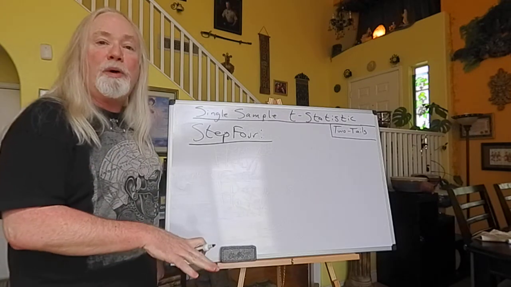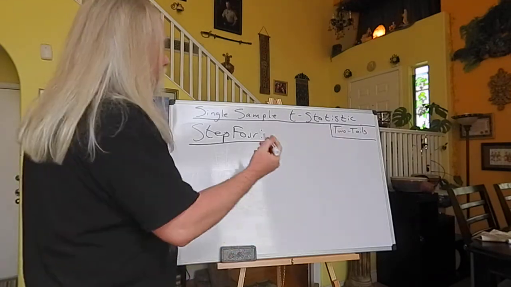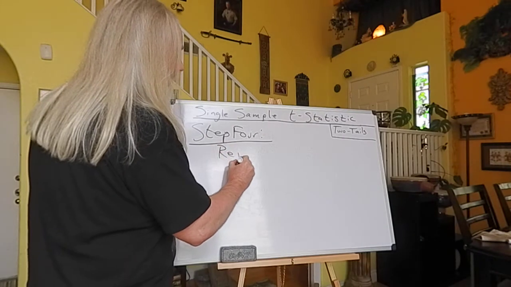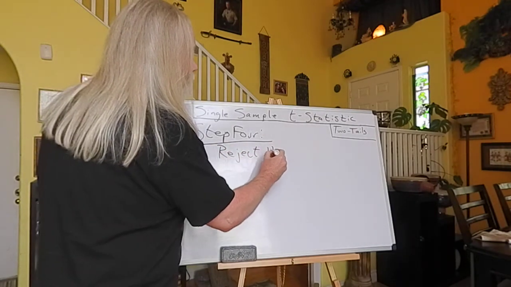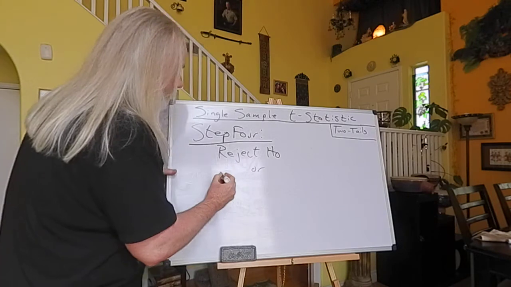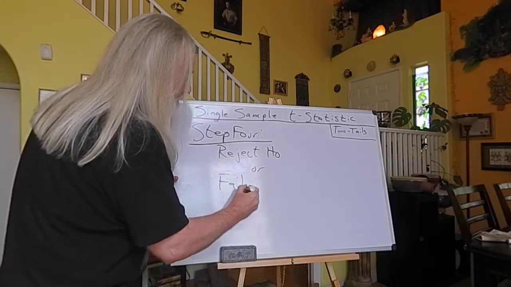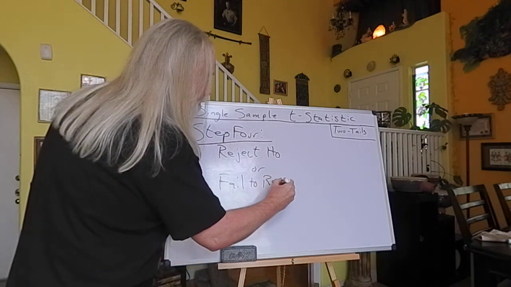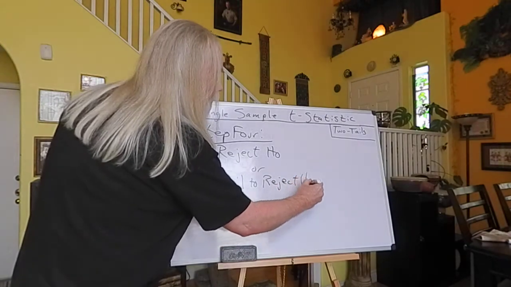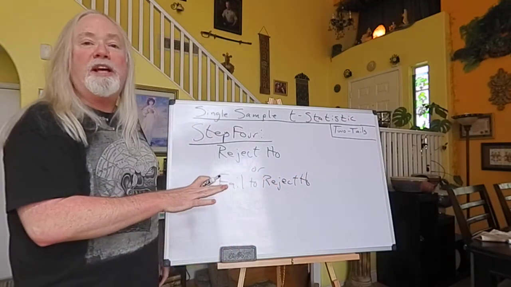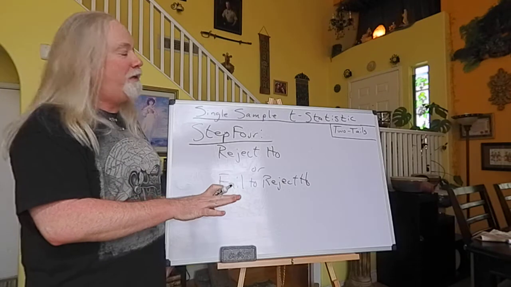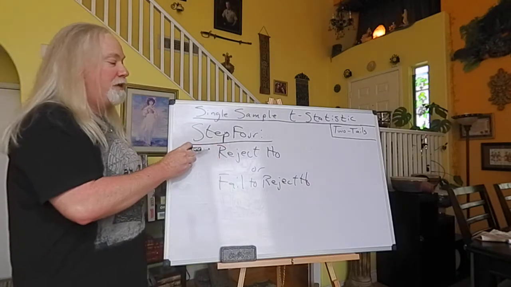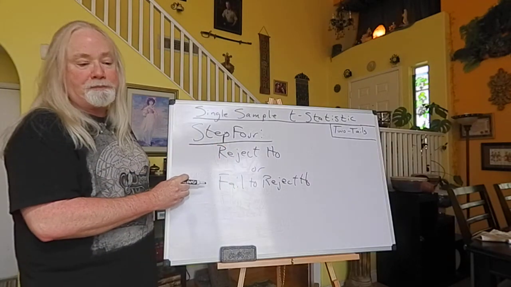If we're in the body, if we miss those targets, we fail to reject. So we're either going to reject the null hypothesis or fail to reject it. Again, all semester, that's going to be the case with step 4. There's never any other choice to report for step 4. It's either reject or fail to reject the null.